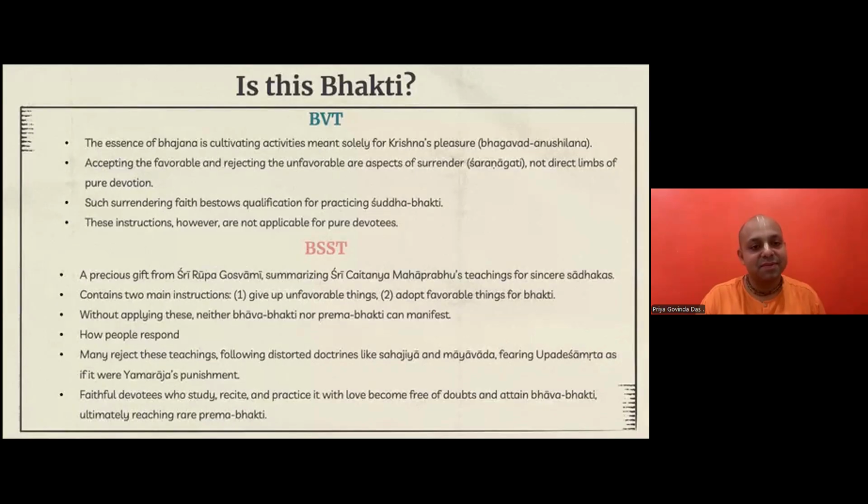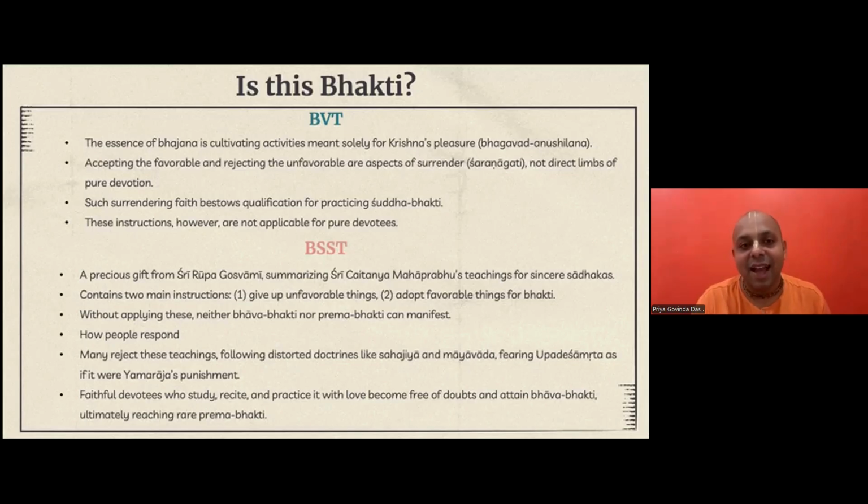rare prema bhakti. Correct. So Bhaktisiddhanta Thakur says that Rupa Goswami has given this instruction for reaching prema bhakti. He has given a precious gift from Sri Rupa Goswami, summarizing Sri Chaitanya Mahaprabhu's teachings for sincere sadhakas. Amazing thing, no? Sincere sadhaka, he writes. So those who are sincere sadhakas, they will be worrying how they can achieve that prema bhakti.